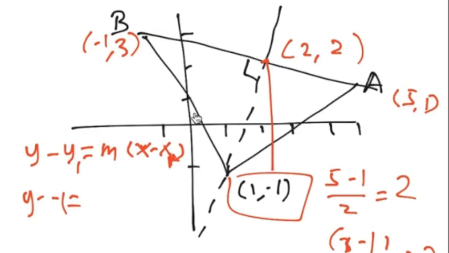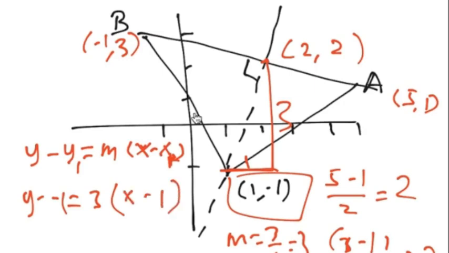If we find the rise, which is 3, because it's 2 minus negative 1, and the run, which is 2 minus 1, so this is 1, then m equals 3 over 1, which equals 3. So it would just be 3 times x minus 1. So our equation is y plus 1 equals 3x minus 3, if we distribute the 3. So that means y equals 3x minus 4, and that's our line.